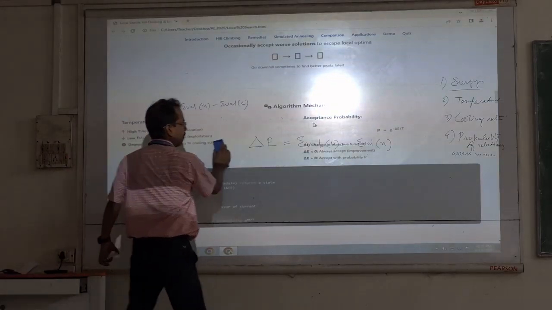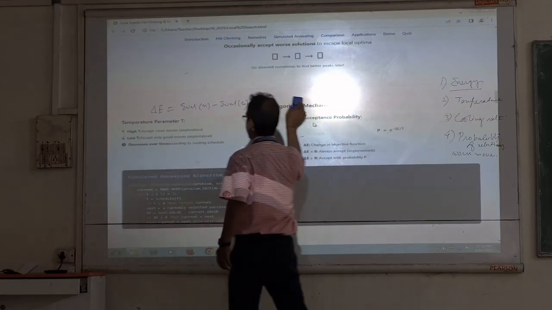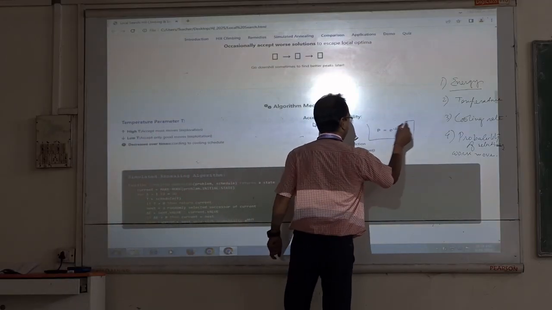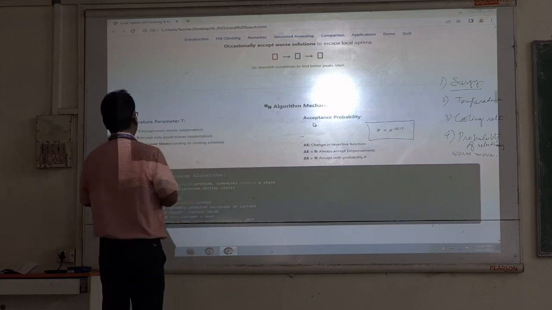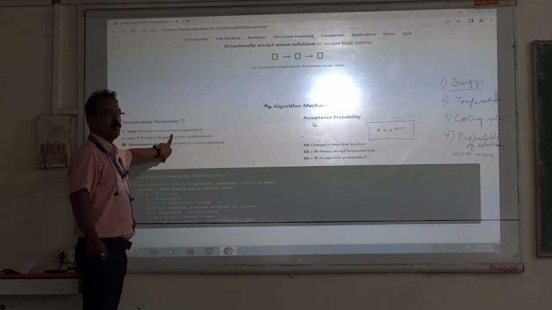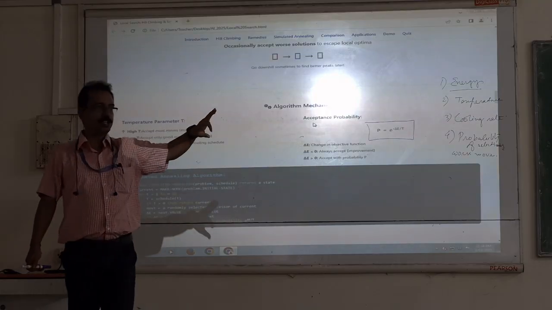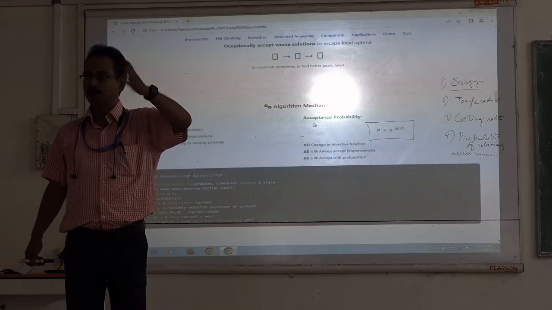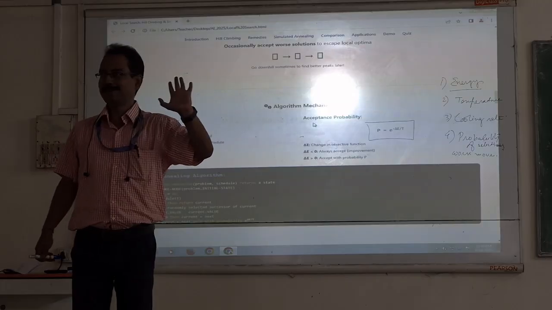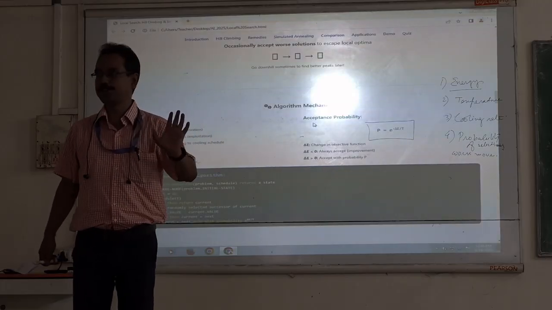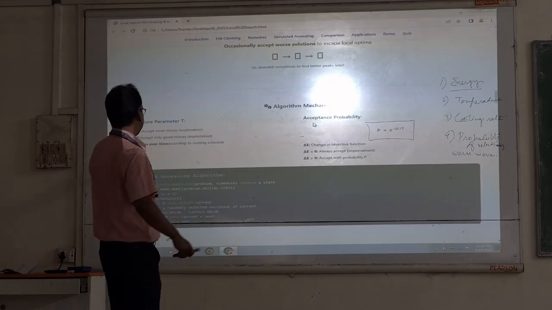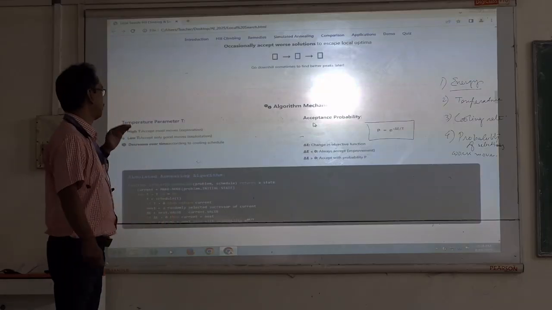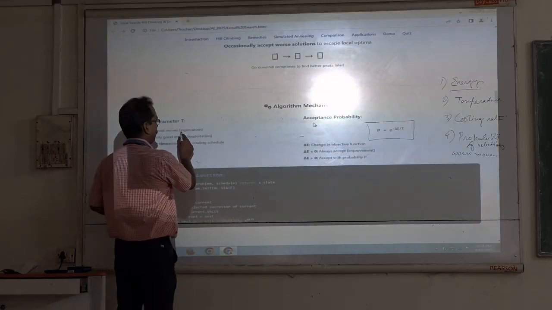Here is the equation that I have written, you can check here. So high temperature means accept most of the moves. That is your exploration. There I will not much care about better move or worse move. Most of the moves I will take just for exploration. Low temperature means accept only good moves. So exploration and exploitation, two terms are there here.